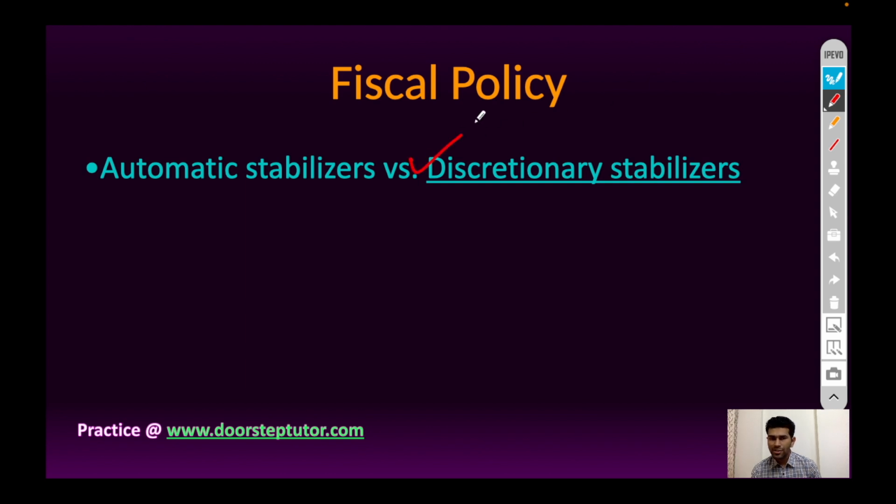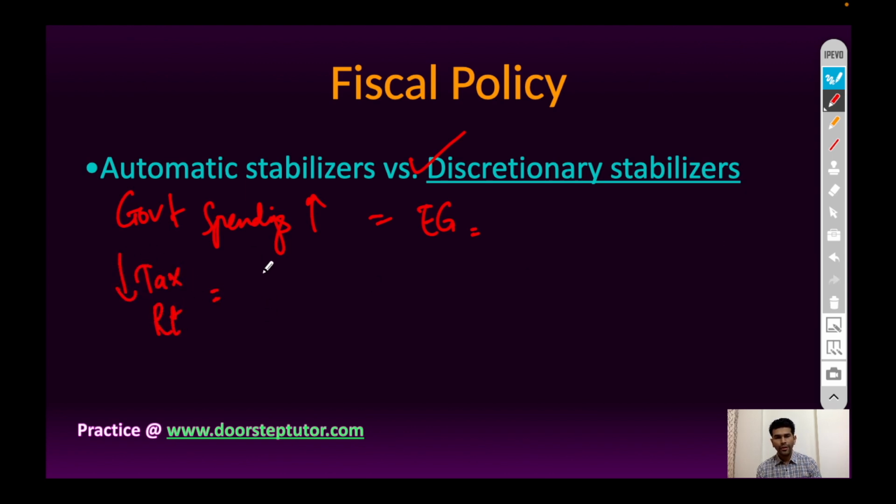In discretionary stabilizers, the government takes some measures. For example, if the government spends more on infrastructure, there will be rapid economic growth, and if the government reduces the tax rate, there will be more disposable income available with the people.